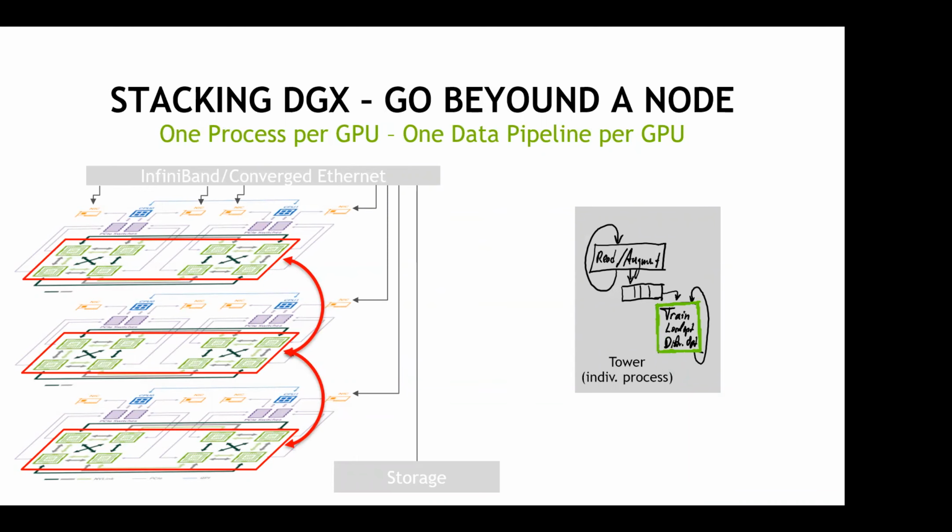And here I'm going to visualize how this could look on 3 systems. So in the beginning, you remember we had an architecture. I hope you can see it. We had an architecture of a DGX system with 8 GPUs, CPU, and its networking. Now we have on the left basically 3 layers of that one. And then let's say we want to have a big job across all those.